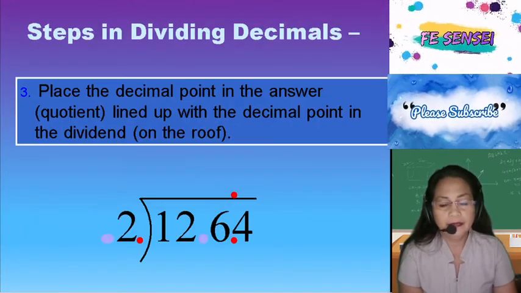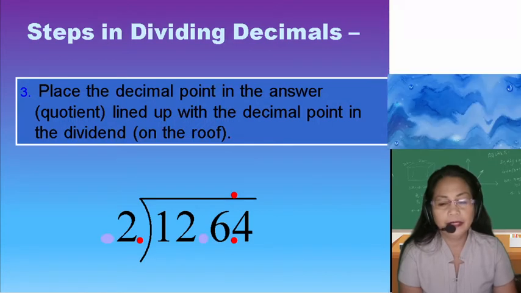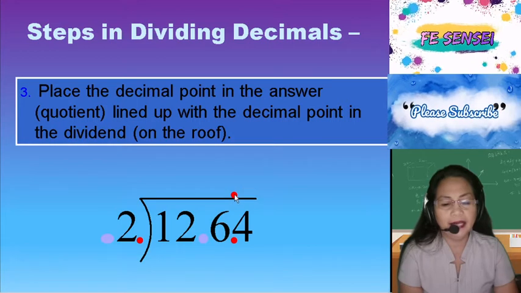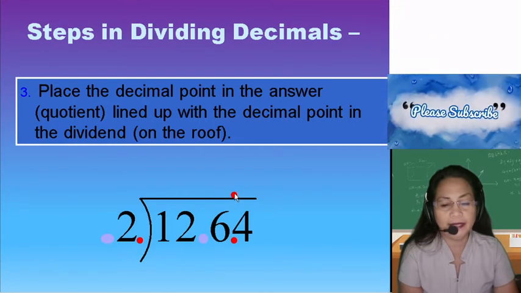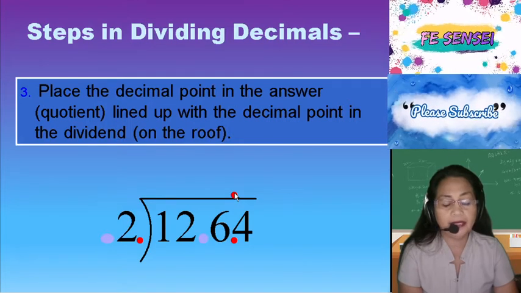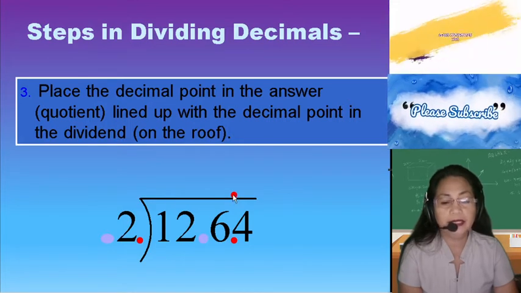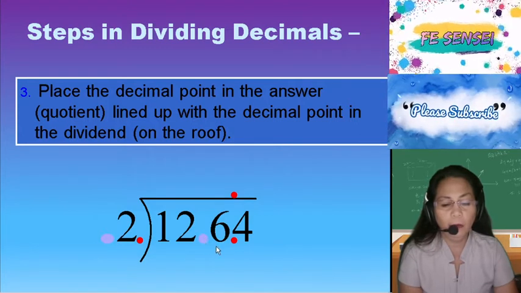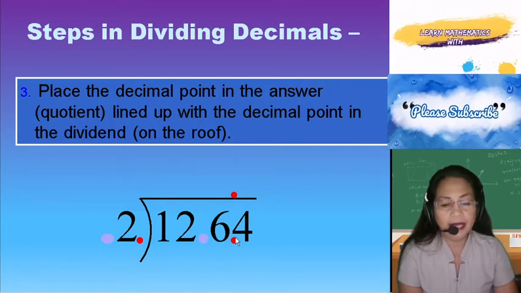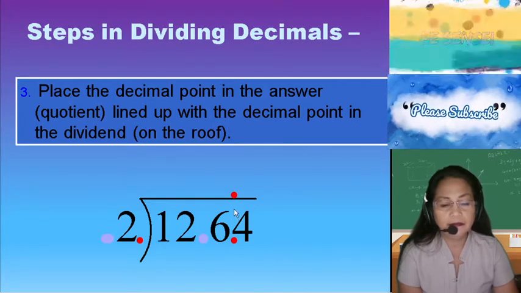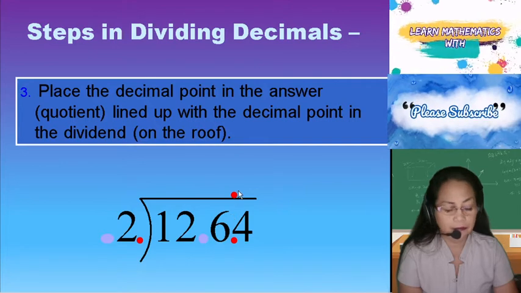Third, place the decimal point in the answer, or in the quotient, lined up with the decimal point in the dividend.